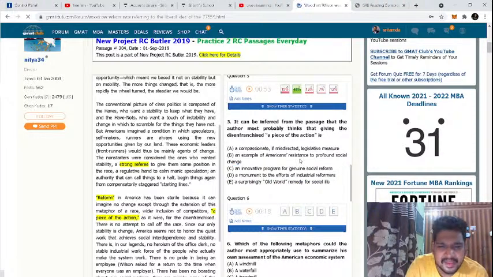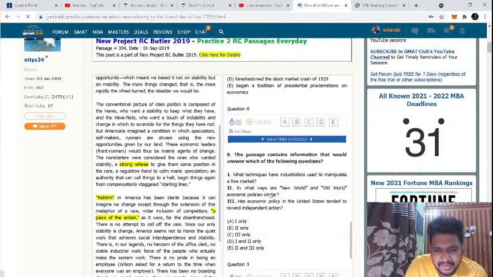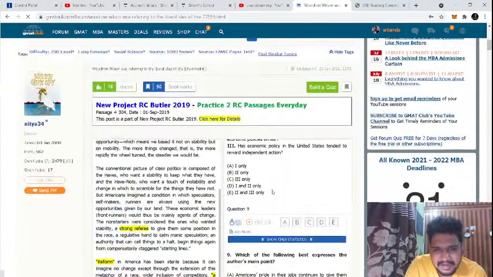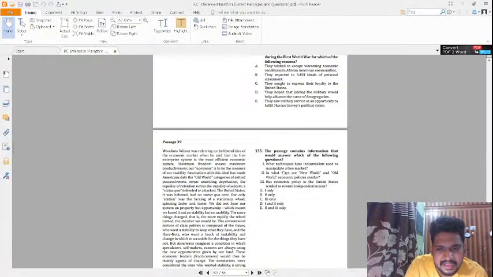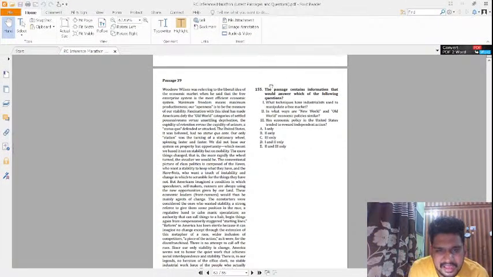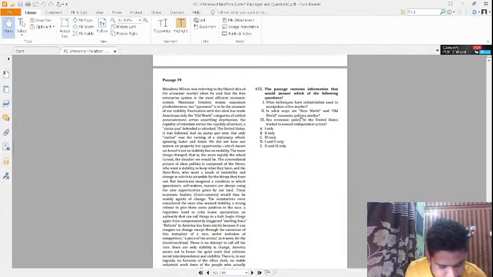Hey, am I marking all of these wrong? No, impossible. These are wrong options. Innovative program for genuine social reform. Hey, let's do this question then. 155. Hey, am I marking all of these wrong? No, impossible. These are wrong options.